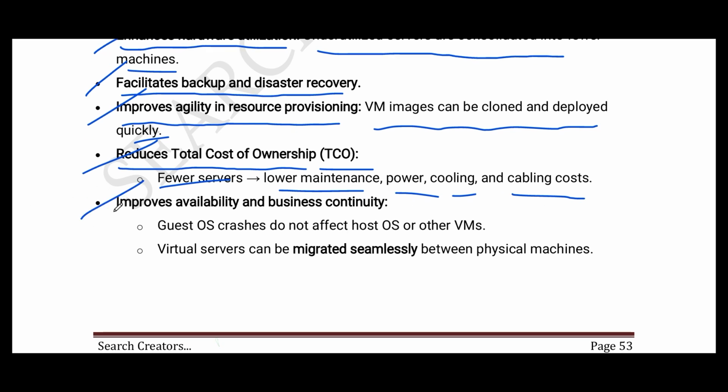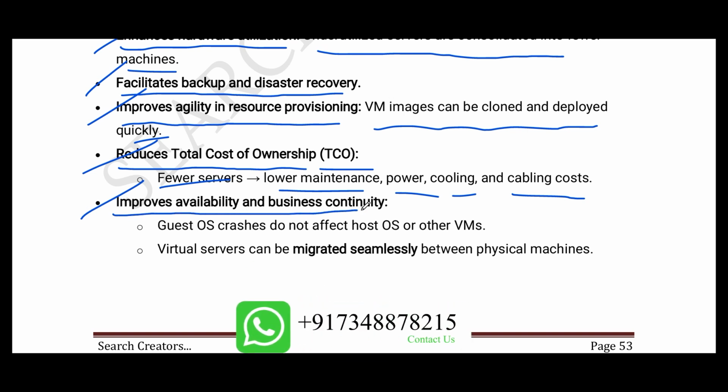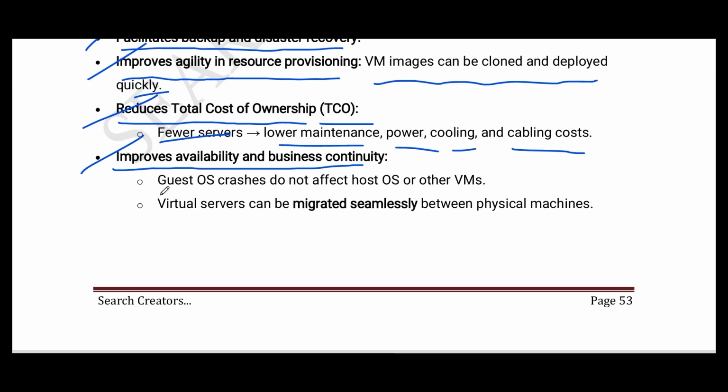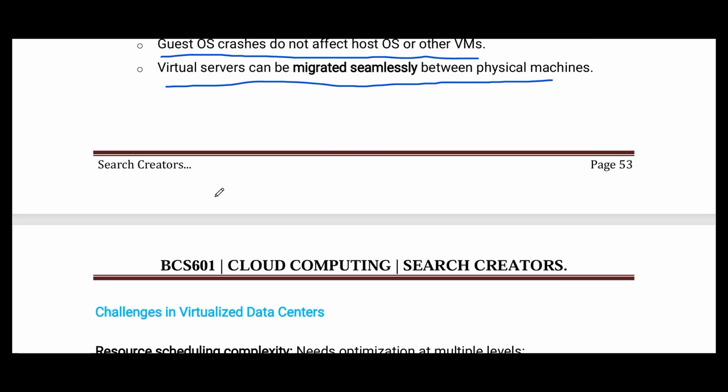Next is improves availability and business continuity. We also observed this above: guest OS crashes do not affect the host OS or other VMs. Virtual servers can be migrated seamlessly between physical machines.